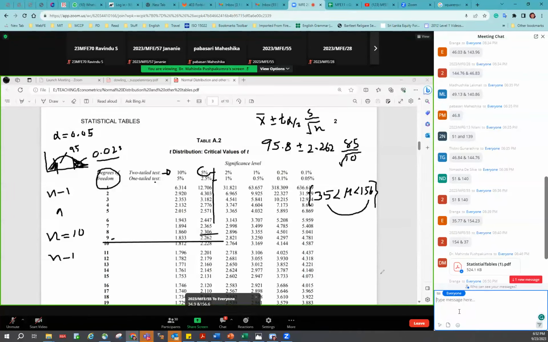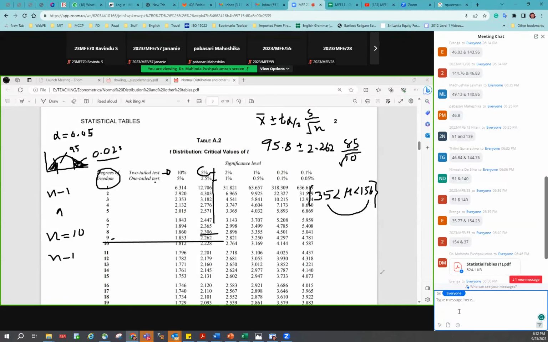Is it a correct statement? It is correct, because we observed that the population mean is, I think, 79, no? What is the population mean? Yes, 79.